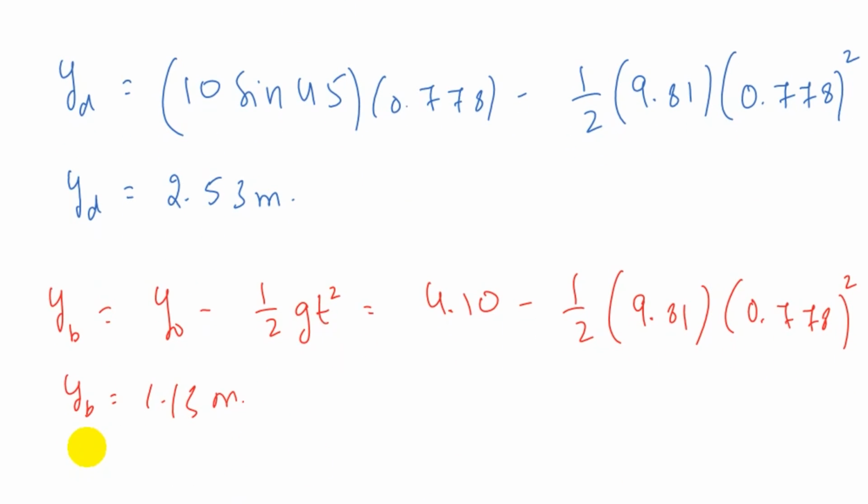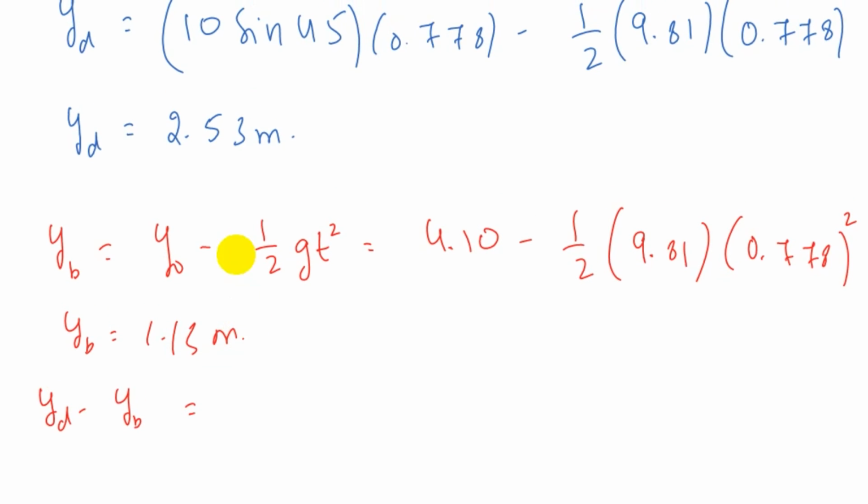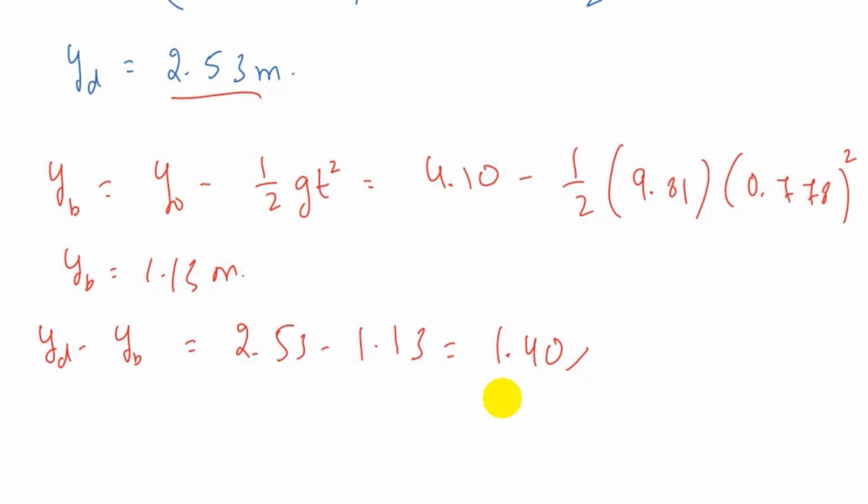And the miss distance, YD minus YB, is 2.53 minus 1.13, which is equal to 1.40, which is the same as the earlier value. Therefore, the miss distance is not going to change even though the speed is reduced.